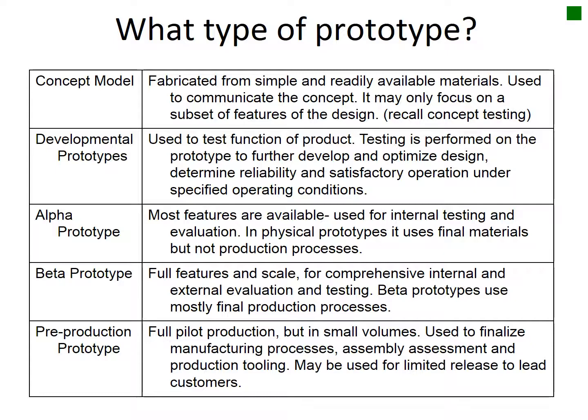The alpha prototype, the alpha test, is a version of the prototype where the product is working for the most part. However, what we're trying to do is test the workability of the product, typically inside the organization.